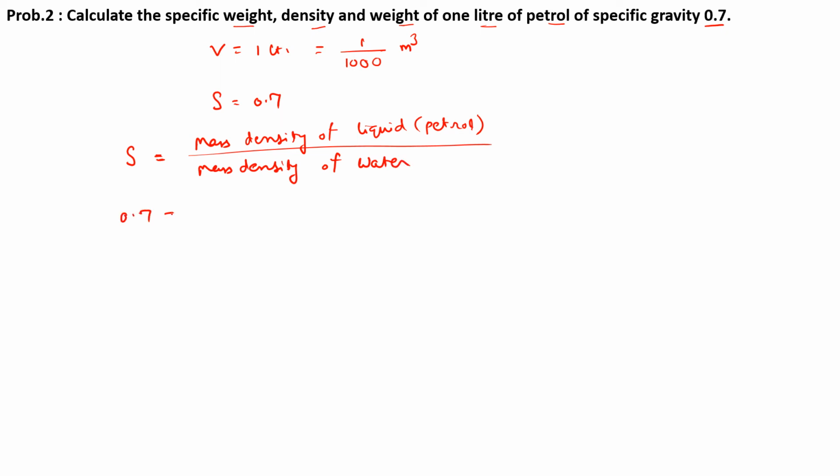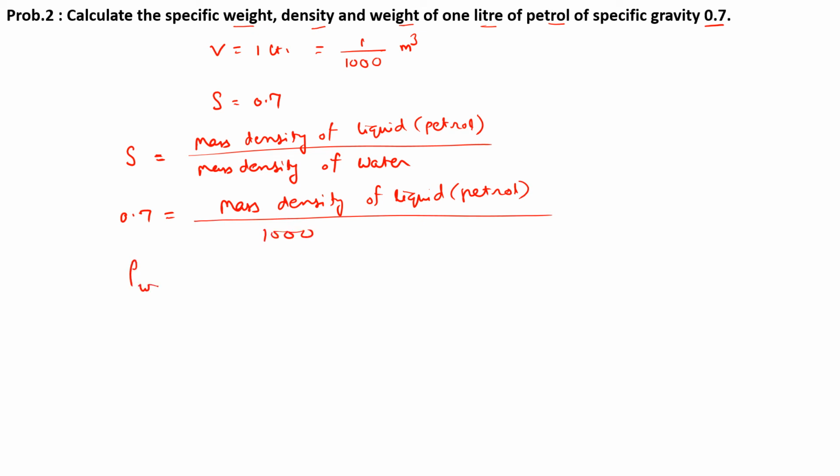It is 0.7 and we have to calculate the mass density of liquid, that means petrol, and water is 1000. So the mass density of petrol will be 0.7 into 1000, that means 700 kilogram per meter cube. This is our first answer.